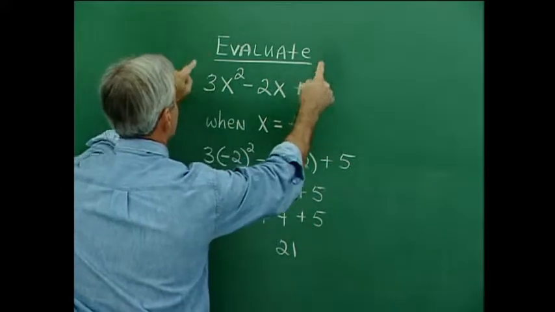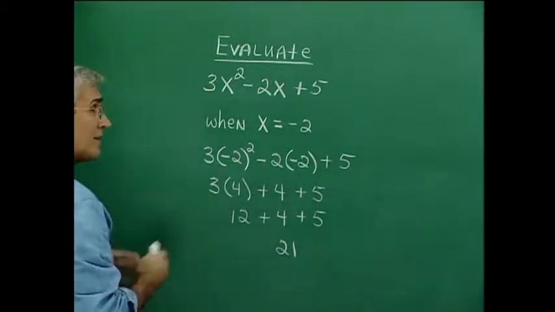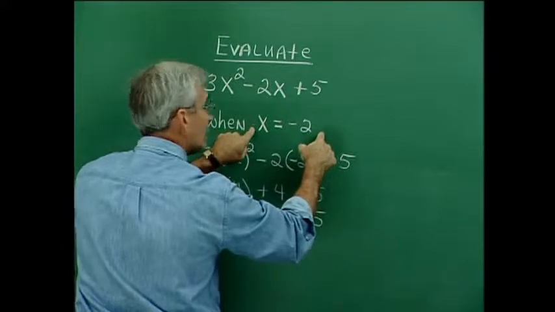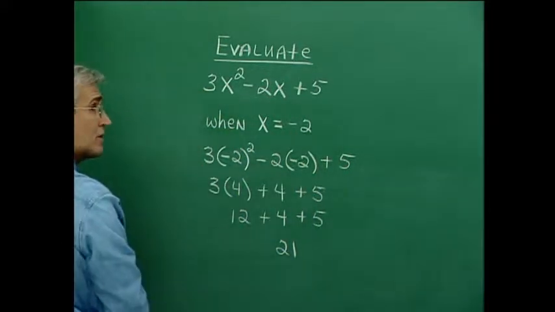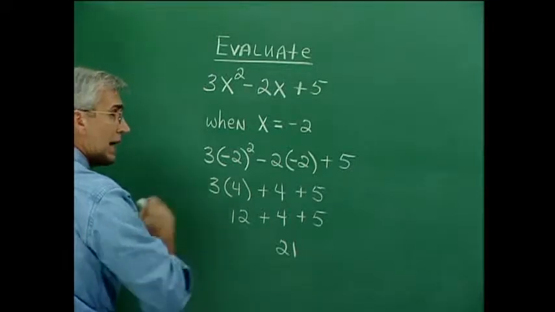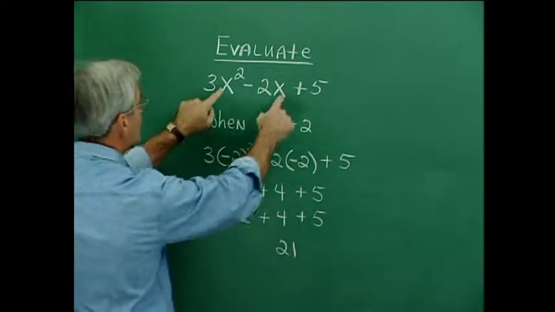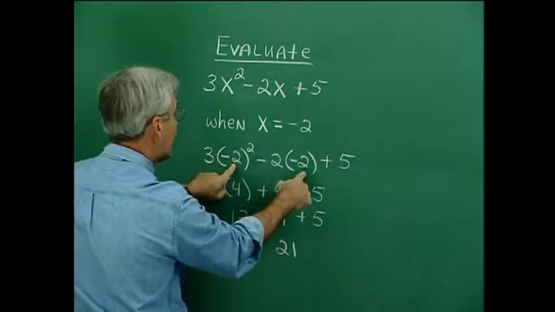So we want to find the value of this expression when x is negative 2. And in that situation, you simply replace x with the value given, and that becomes the first step in the evaluation process. So you make no calculations, you just do a blind replacement. You replace x with the value we have here in all places where we have an x.